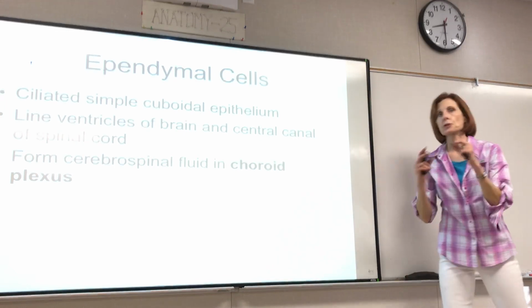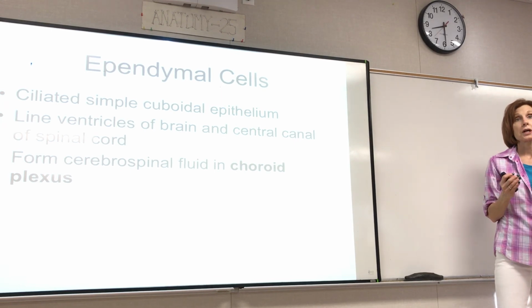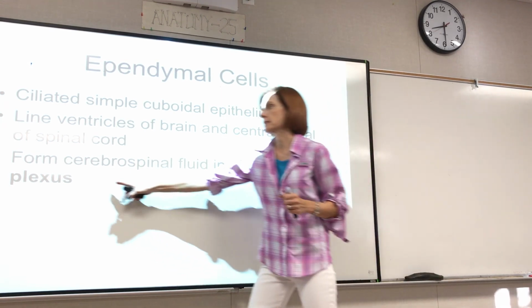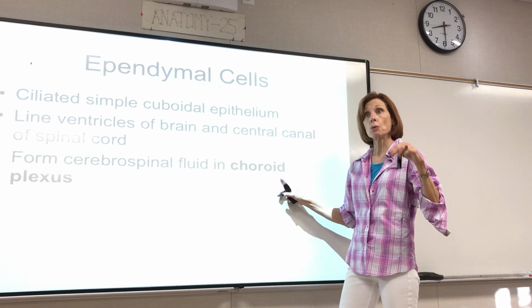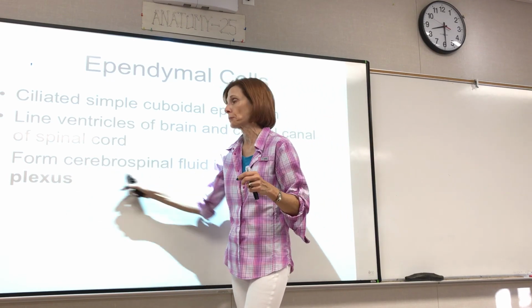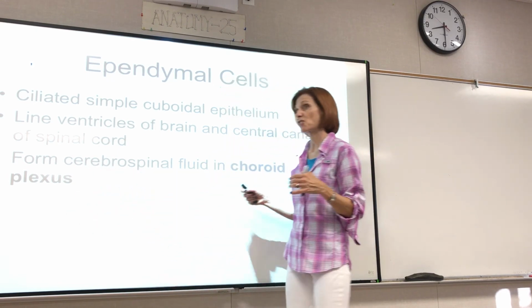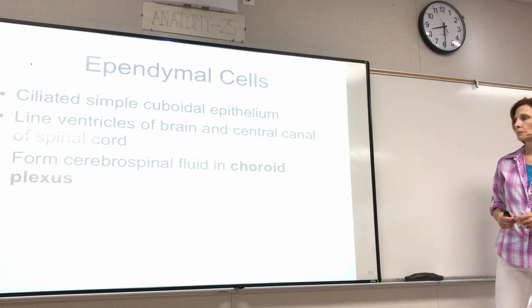Okay, so in certain parts of the ventricle, there is a structure called the choroid plexus. And we'll talk more about this next time when we talk about the ventricles, but the choroid plexus is where cerebrospinal fluid is formed, okay? So it actually comes from the choroid plexus in each ventricle.